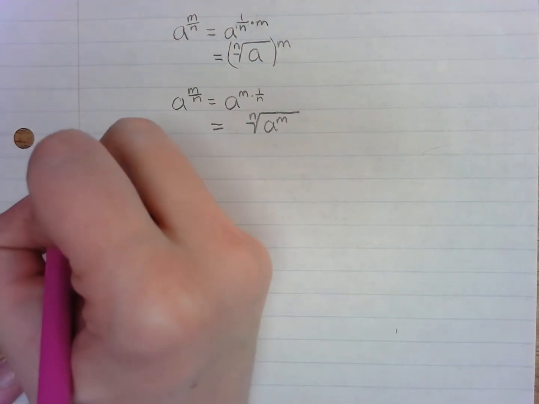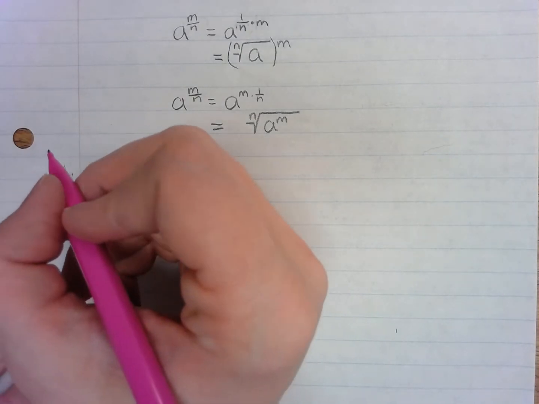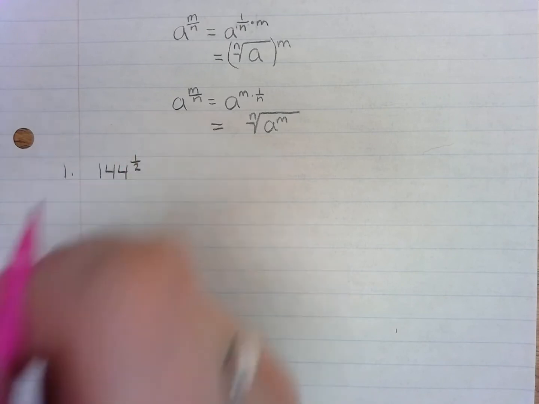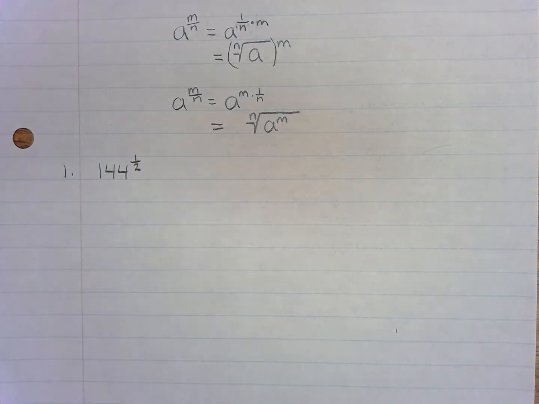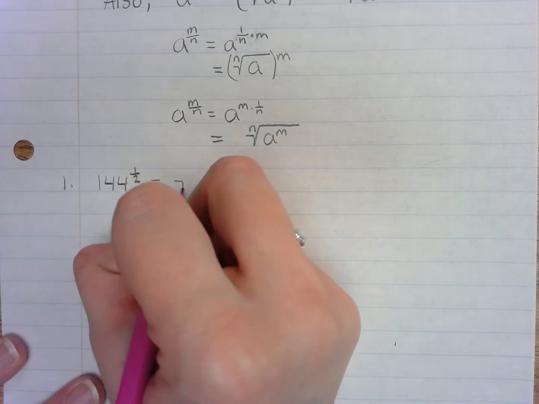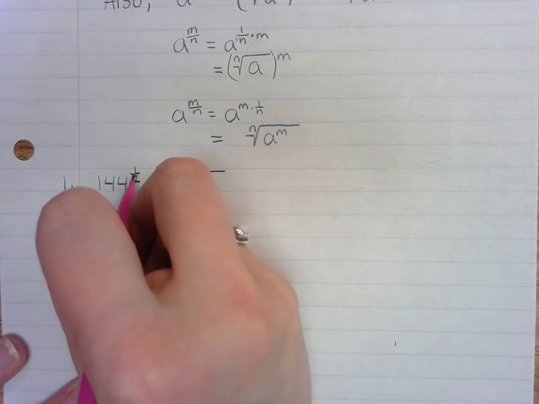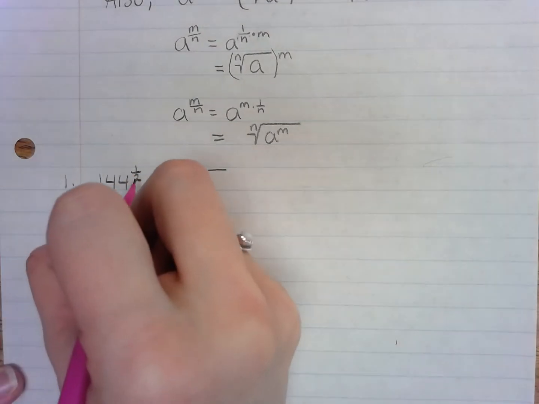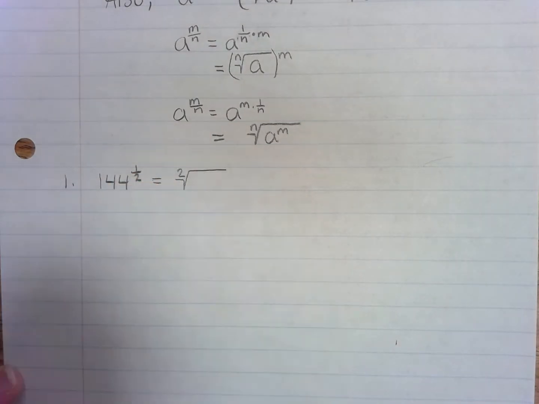Example number 1. We have 144 to the 1/2 power. We're going to rewrite them in the correct radical form. It will not be necessary to simplify. So notice our fractional exponent can be rewritten as a radical. The denominator of that fraction becomes our index number.